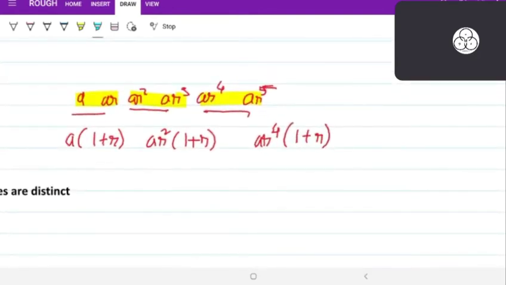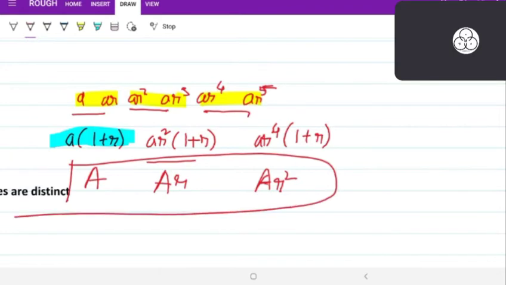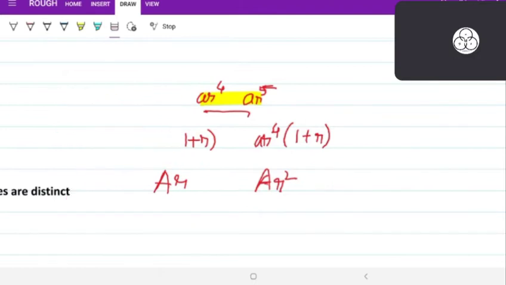So these are the sums of the first 3 pairs. Now can we see something? Let me consider this as capital A. This will be AR, this term, and this will be AR squared. So the sums of the terms are also in GP. Amazing, right? This we are going to use, which will make the entire question extremely easy.